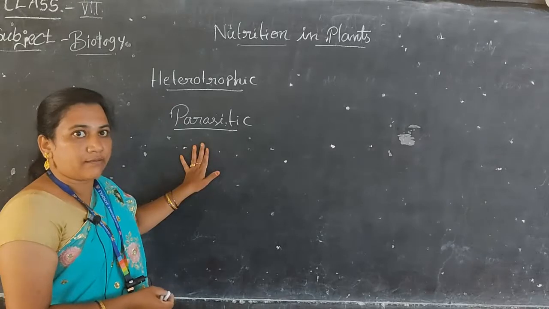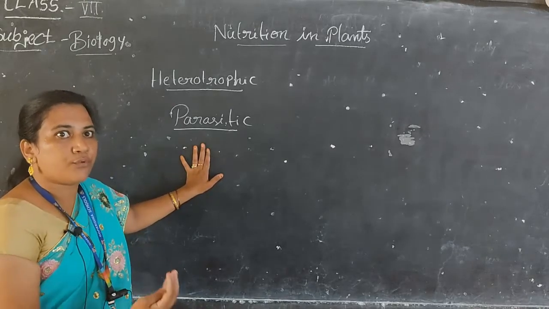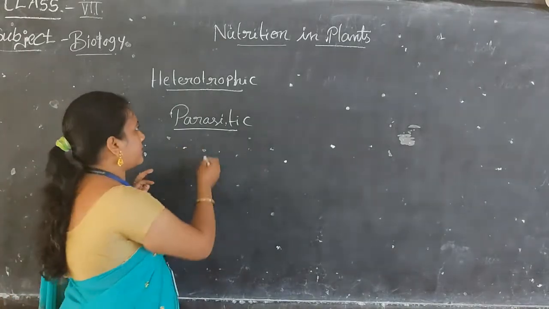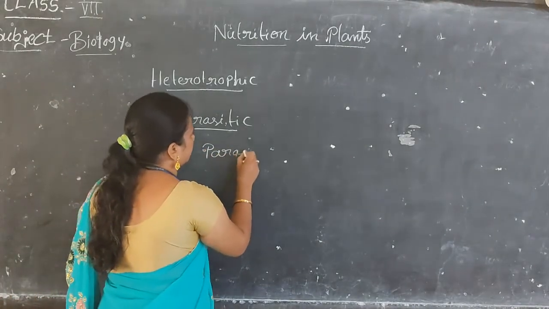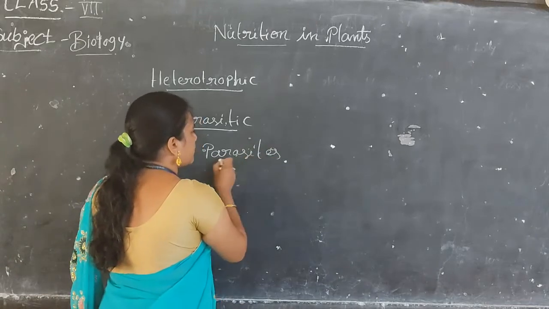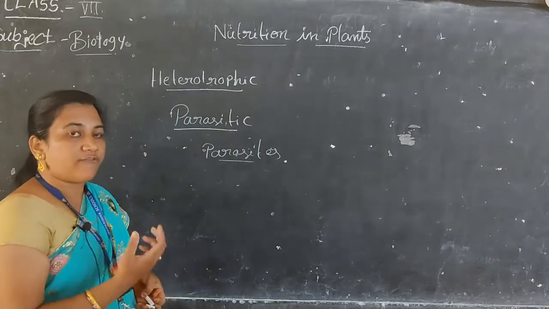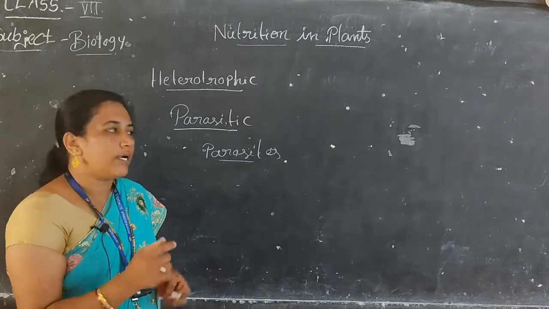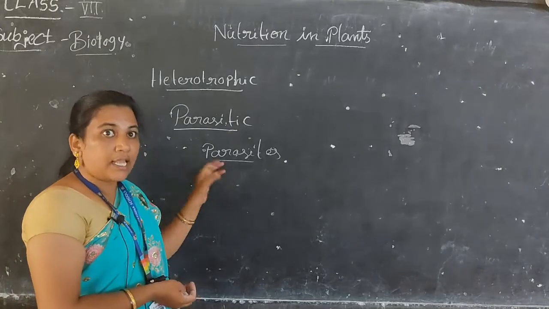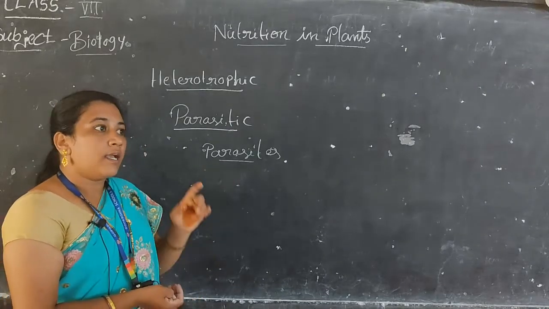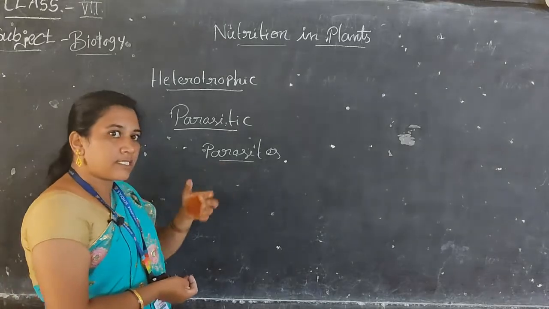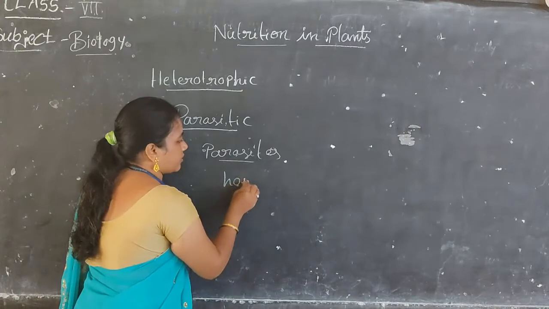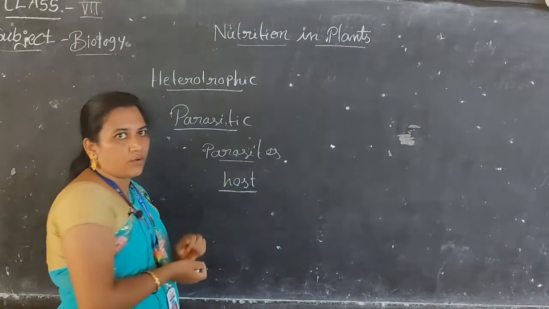Organisms which derive, meaning take in, nutrients from other plants are called parasites. The organism from which these parasites take nutrients is called the host.